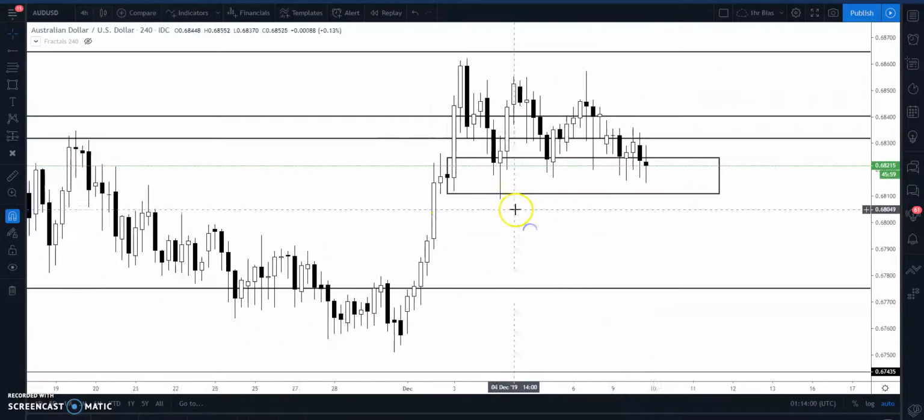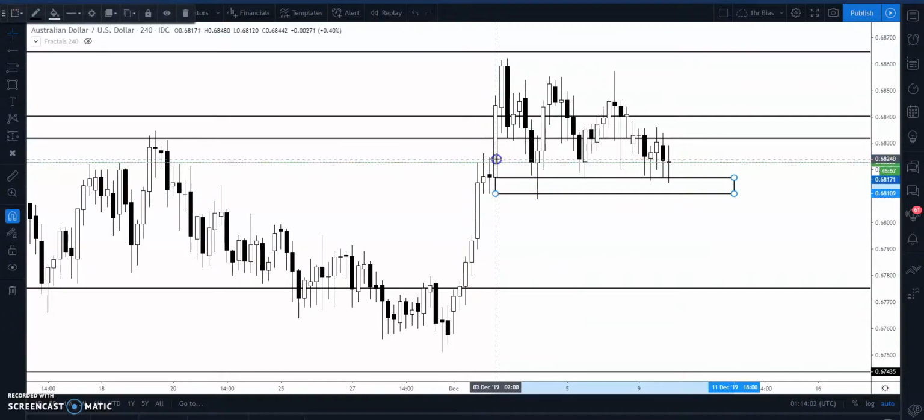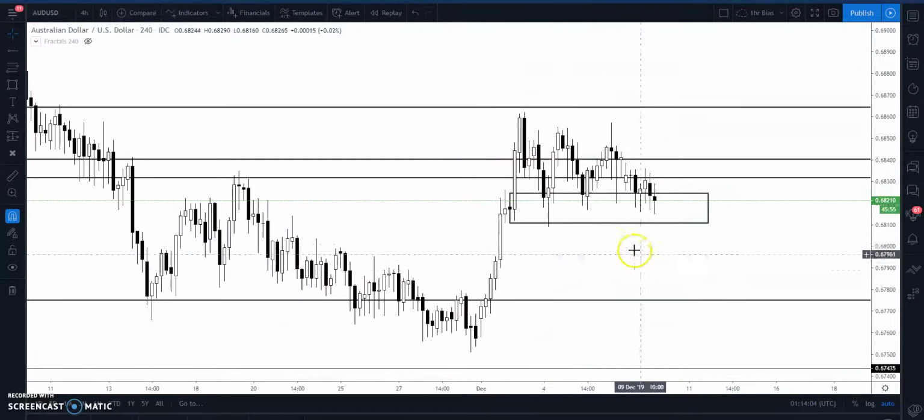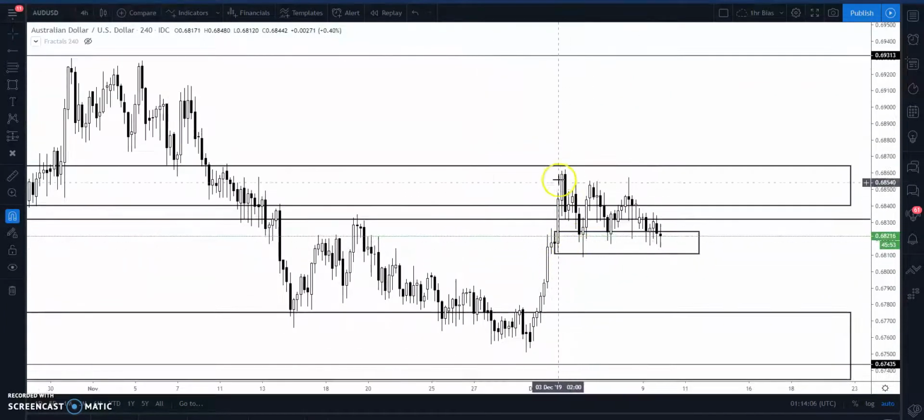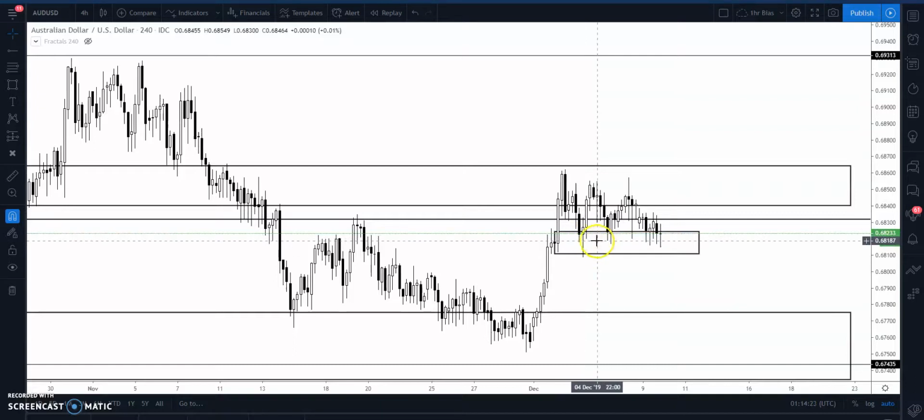Zoom in a little bit. There you go. So price fell into this area of bullish pending orders, pushed the price to the upside, took out the stops at this low here, then pushed price down again at this level where some buying pending orders would have been, took out some stops here, triggered some sell orders, and then a second attempt.